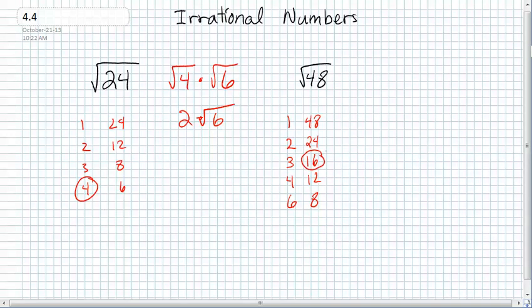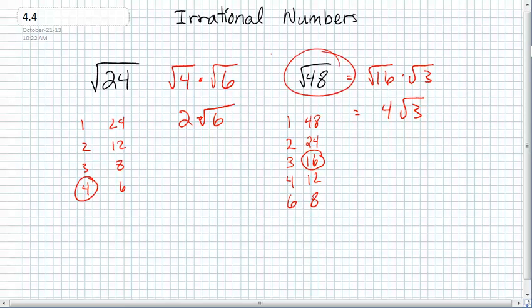You may have pulled out the 4 again, and because you missed the 3 times the 16, it's an awfully common one to miss, but it's there. So I'm going to pull out the 16 out front. This is going to be root 16 times root 3, and the square root of 16 is 4. This is 4 root 3. So on your calculator even, you can do 4 times the square root of 3, and it's the same as saying the square root of 48.